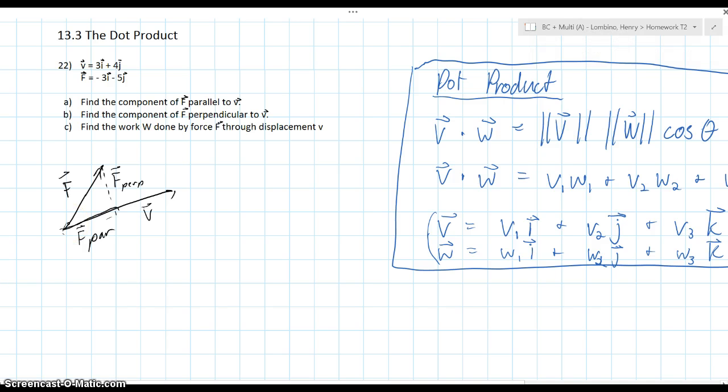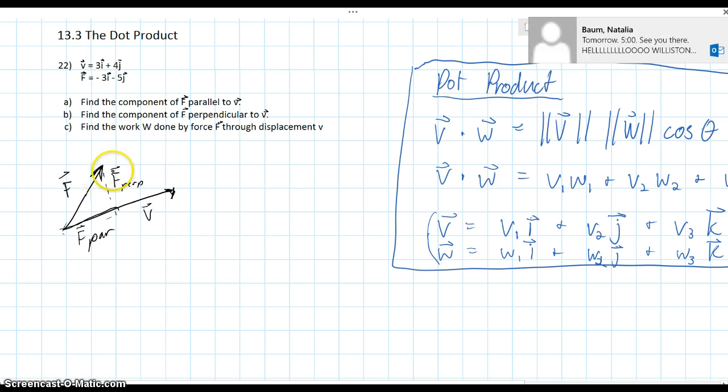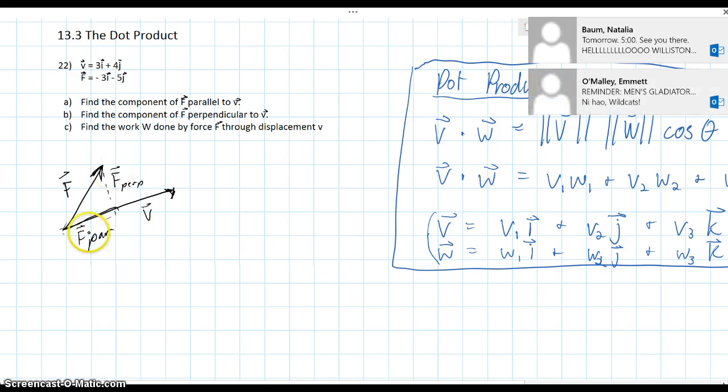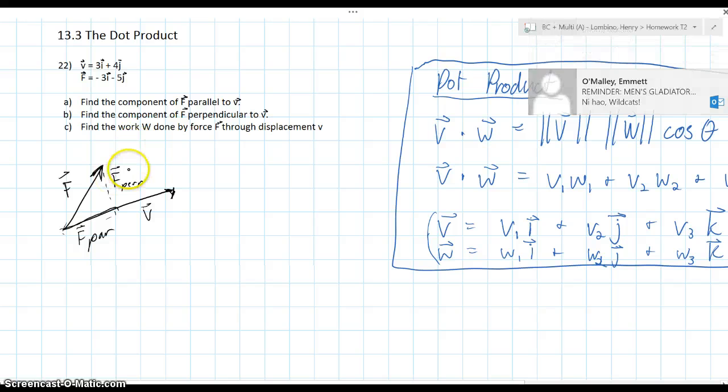We have our vector v here, and then our force vector f here, and we're trying to find f par, which stands for f parallel, and f perp, which I put as f perpendicular. That's parts A and B, and I'll discuss that later.